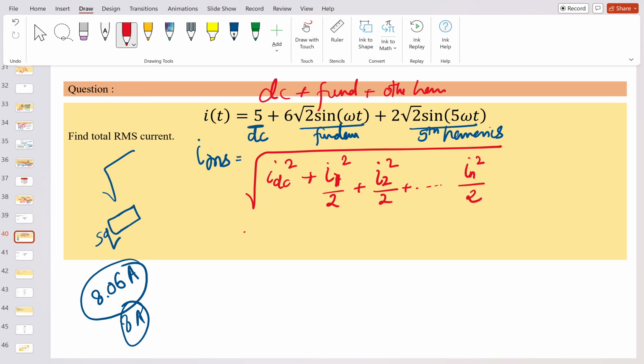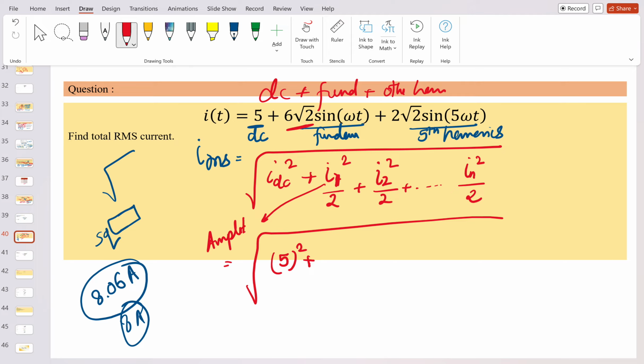Here, IDC is 5, so 5 square plus I1 amplitude, amplitude means maximum value, so 6 root 2 square by 2 plus 2 root 2 square by 2 plus so on.